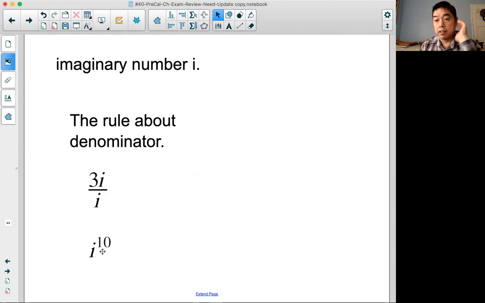There are four ways it can come out: i, negative 1, which is i squared, negative i, or positive 1. Negative 1 times negative 1, which is i squared times i squared, or i to the 4th power, is positive 1. So you have to know what it will come out to.